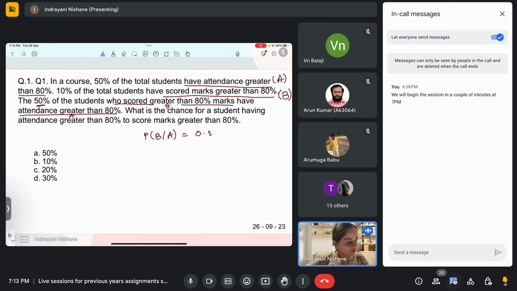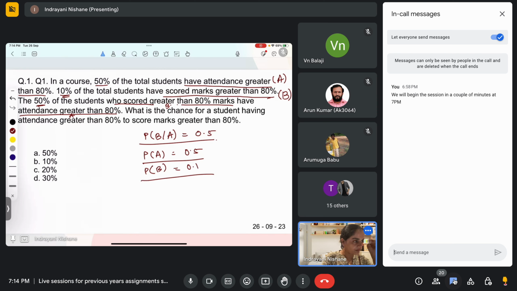So in terms of probability, this is 0.5, and probability of A is 50%, so again 0.5. Now probability of B is 10% of the total, so we will convert this percentage out of 100 into out of 1. Probability of B is 0.1.